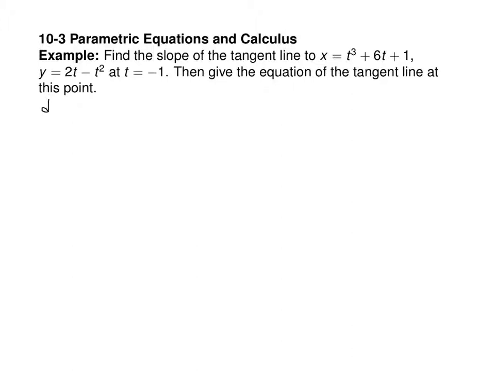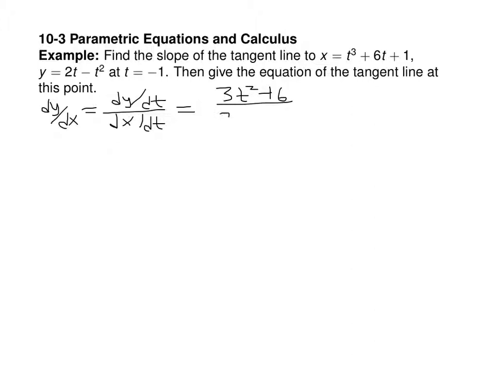So recall that dy/dx is equal to dy/dt over dx/dt. So dy/dt is 3t squared plus 6. dx/dt is 2 minus 2t. And so at t equals negative 1, the slope will be 3 plus 6 over 4, or 9/4.